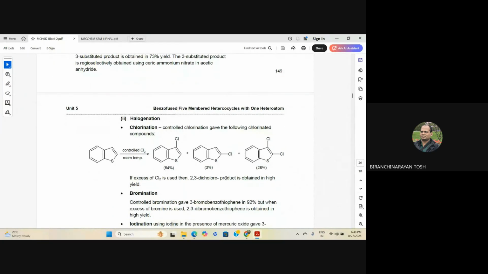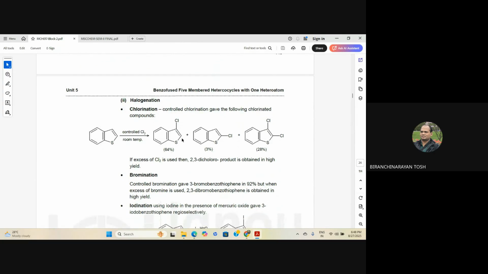Then halogenation, regarding chlorination. Controlled chlorination gives the following chlorinated compounds: 3-chloro, 2-chloro, and 2,3-dichloro. In the ratio, you can see the percentages: 3-chloro is 64%, 2-chloro only 3%, whereas 2,3-dichloro is 28%. If excess chlorine is used, then the 2,3-dichloro product is obtained.